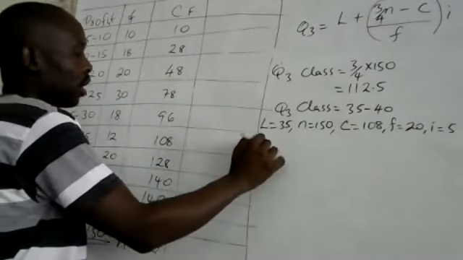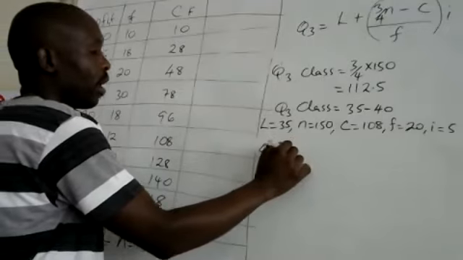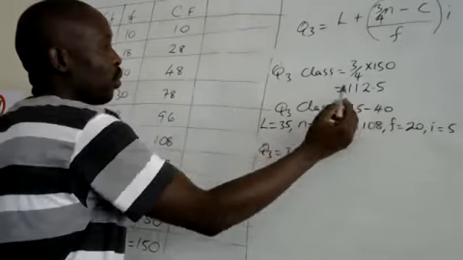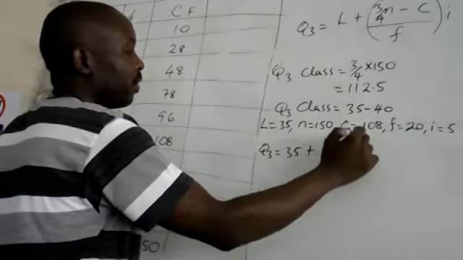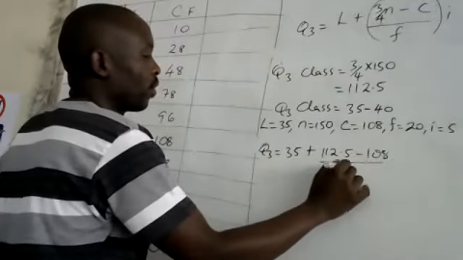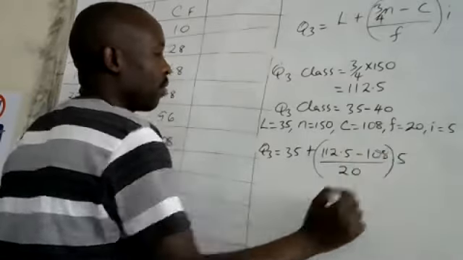Therefore, Q3 would be equal to 35 plus 3/4n, which we calculated to be 112.5, minus C, which is 108, divided by the frequency, which is 20, then we multiply by 5.